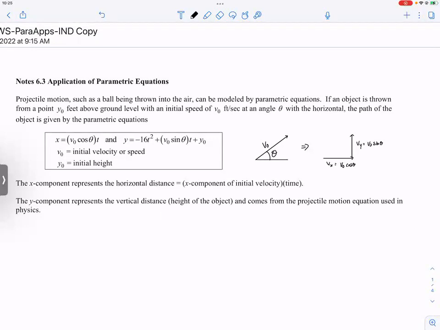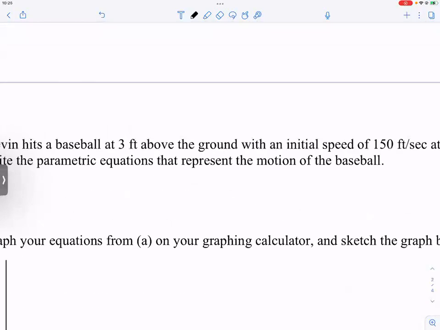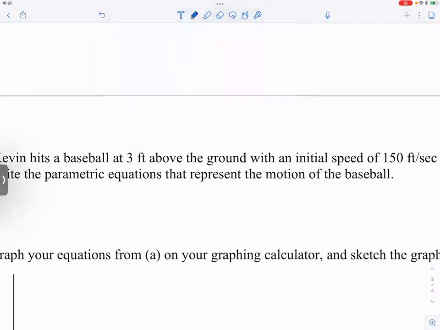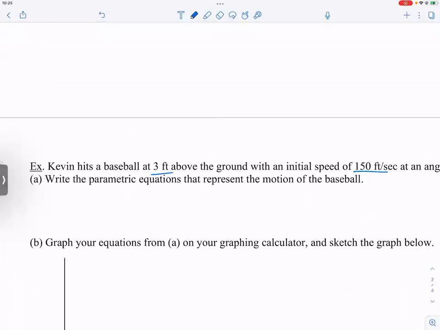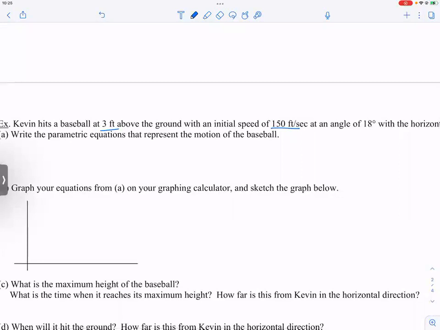Now we're about to look at an example and see how we place the values into our equation. It's very straightforward, nothing strange, nothing too complicated. Kevin hits the baseball at 3 feet above the ground with an initial speed, that's your V0, at an angle theta of 18 degrees with the horizontal.